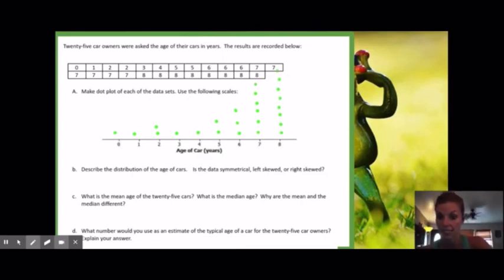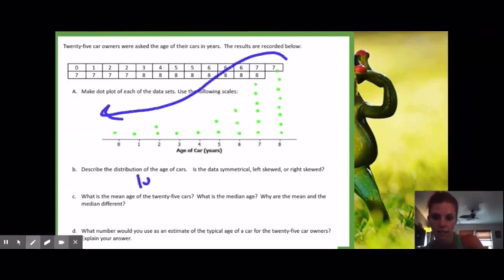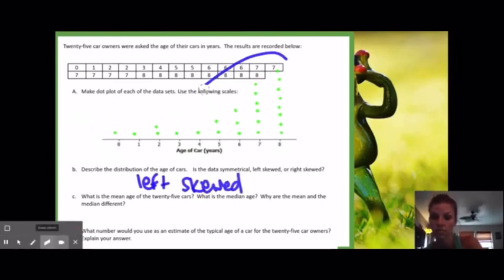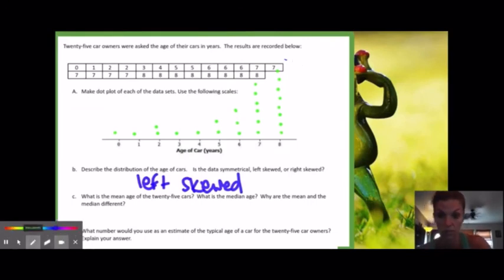Okay. It says describe the distribution. Is it symmetrical? It is not. This is left skewed. As soon as it's skewed, the mean is no longer a good representation, just so you know. The median is going to be the best. So let's see what it asks. It says, what is the mean age? So let's do the mean.